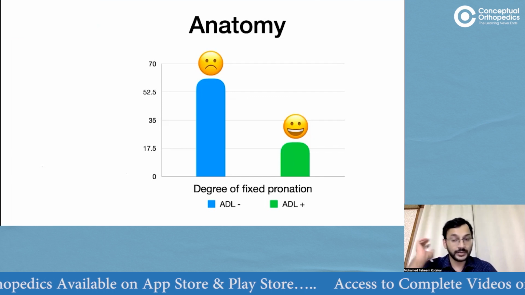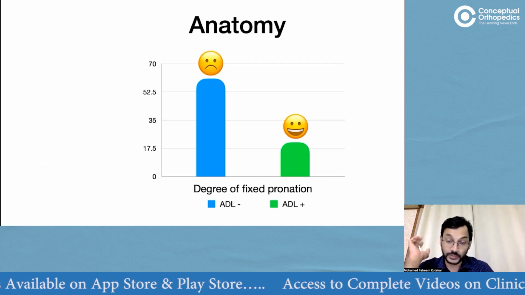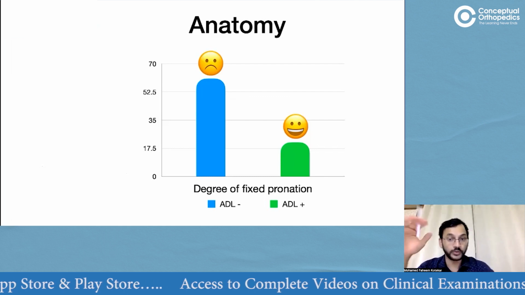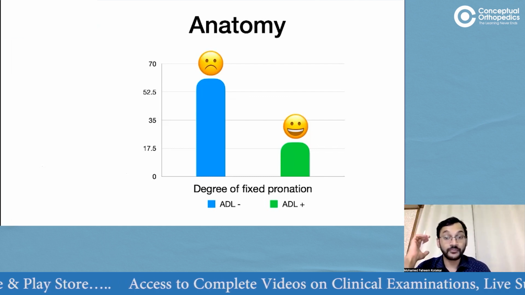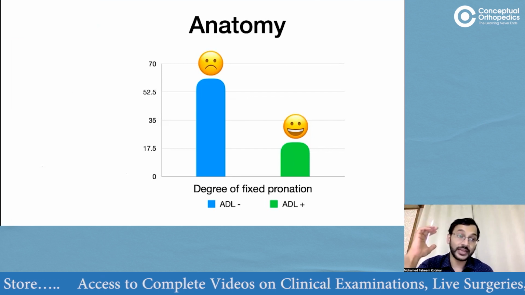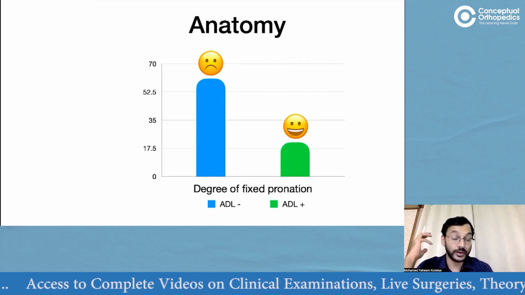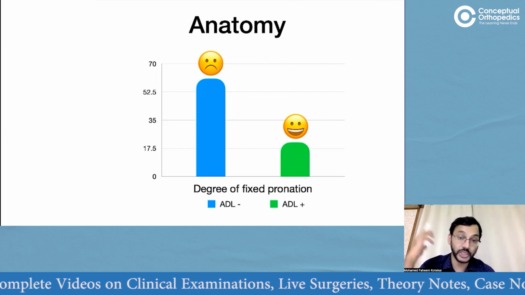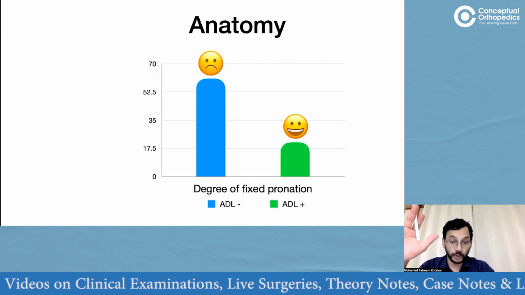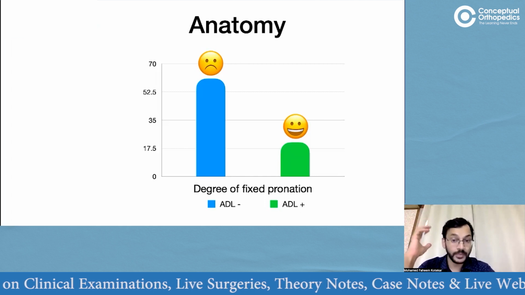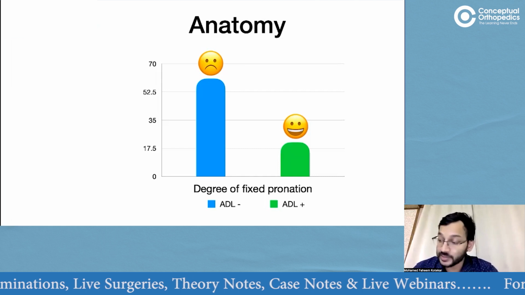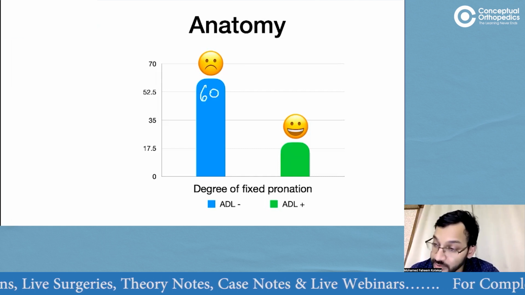Now, in certain studies, it was found that the greater the degree of pronation, the worse the performance with the activities of daily living. When we examined children who had more pronation, that is the blue bar over here, the degree of pronation is about 60 degrees.